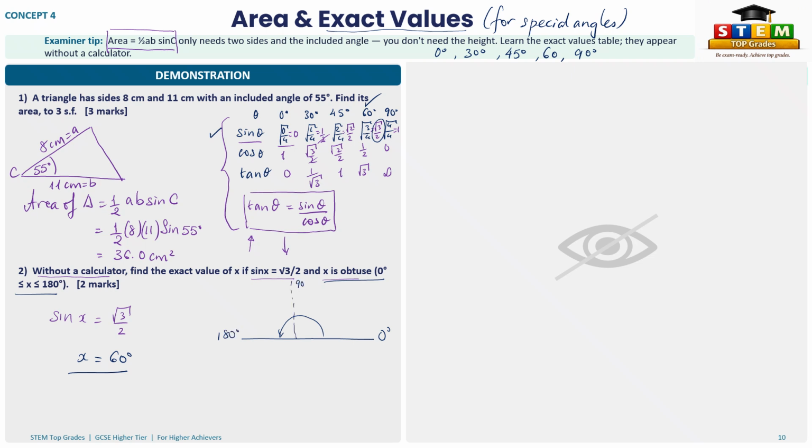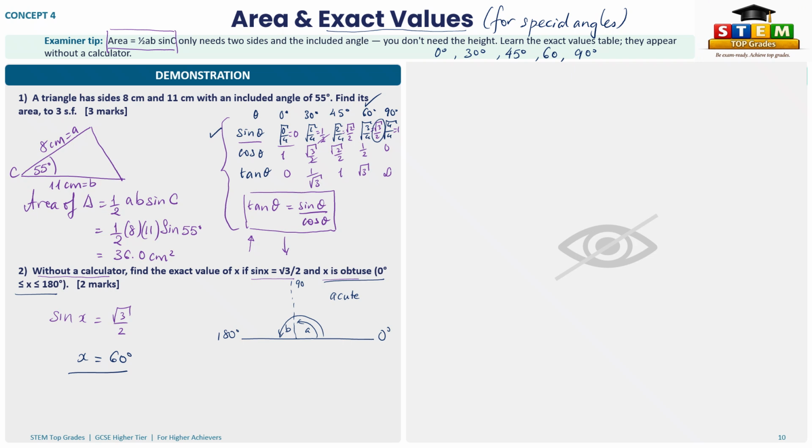That's 90. The reason for that is so I can tell you that this side is going to be acute. If you go anti-clockwise, any angle in between 0 and 90 is acute. And if you go beyond 90 degrees, from 90 to 180, that side is going to be an obtuse angle, so I put B over there.